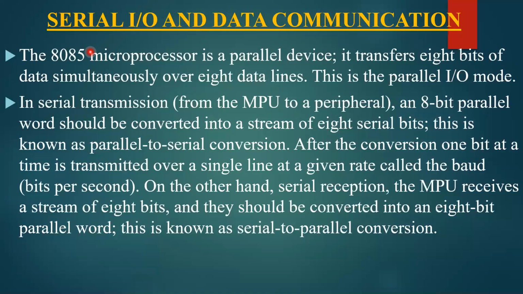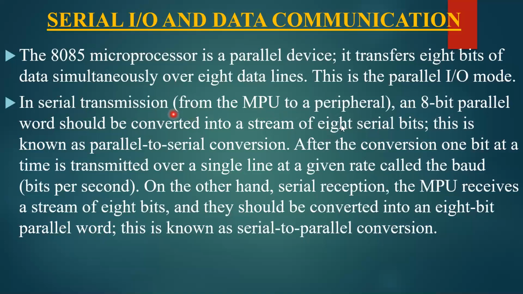In such a situation, we have to go for serial transmission of data, whereby one bit at a time is transferred over a single line. When data is transferred from the MPU to a peripheral device, since the MPU is a parallel device, we need to convert the parallel data to serial.